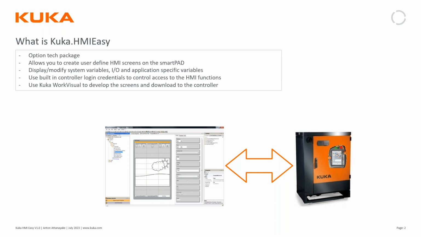You can use these screens to lock out certain people from entering or displaying these variables and use the controller login credentials. This entire application is programmed with the use of KUKA Work Visual. So you can create your application with Work Visual and download this to your robot controller.